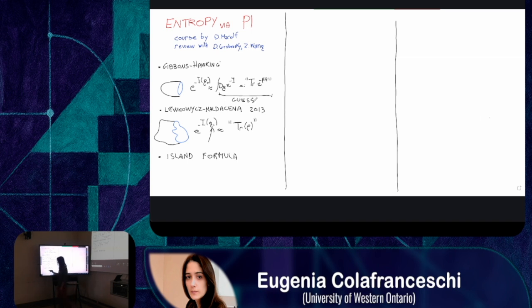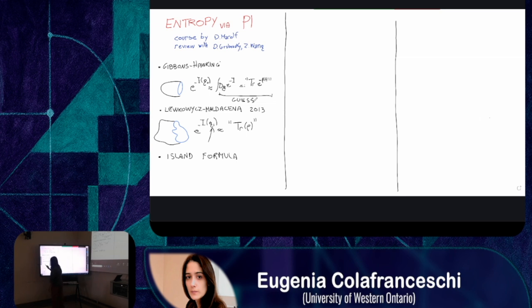And the last step that I want to show today is how this story is then applied to the evaporating black hole. And in this case, from here we get as entropy, well, I'm not going to write it, the area over 4G.